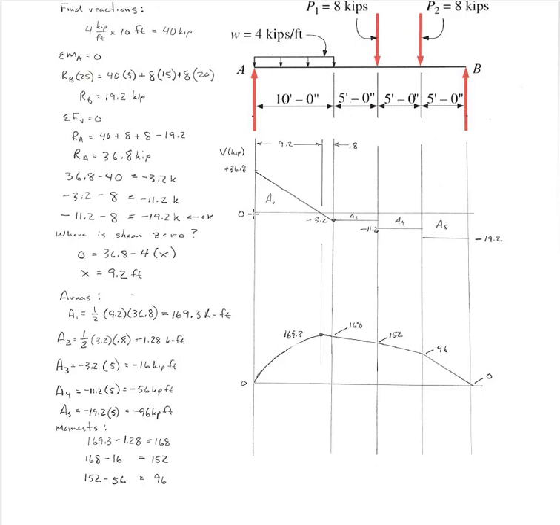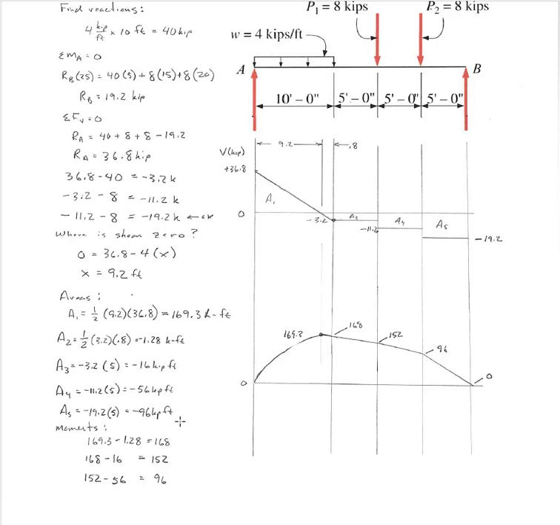Negative because it's below the 0 line. A3 here is negative 3.2 times 5, which gives you negative 16 kip feet. A4, the same way, is negative 11.2 times 5, which is negative 56 kip feet. And then A5 over here is negative 19.2 times 5, or negative 96 kip feet.